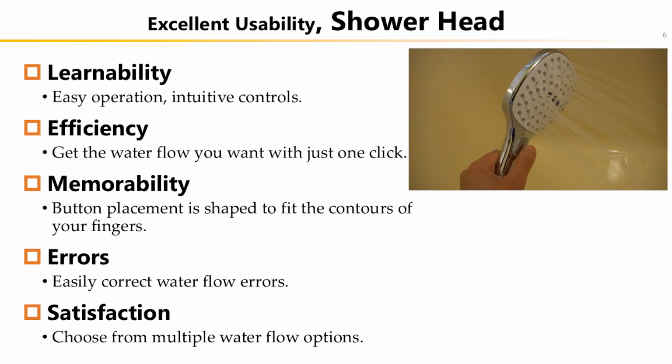We consider this from the perspective of the 5 quality components: learnability, easy operation, intuitive controls; efficiency, get the water flow you want with just one click; memorability, button placement is shaped to fit the contours of your fingers; errors, easily correct water flow errors; satisfaction, choose from multiple water flow options.